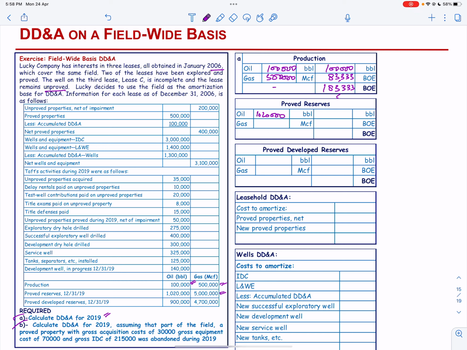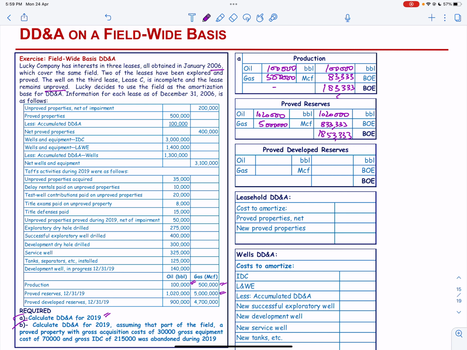Okay. Then we have the proved reserves, and for the proved reserves we have oil 1,020,000, and we have gas for 5 million. So once again, this will be the same 1,020,000, and we divide this by 6, 5 million. So this will be now 833,333. That is 1,853,333.